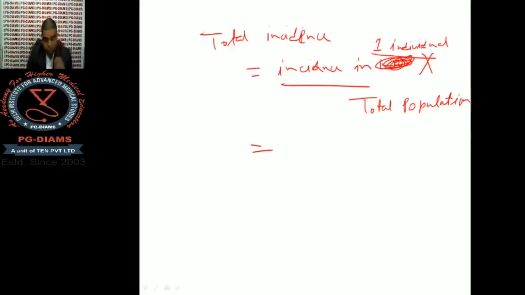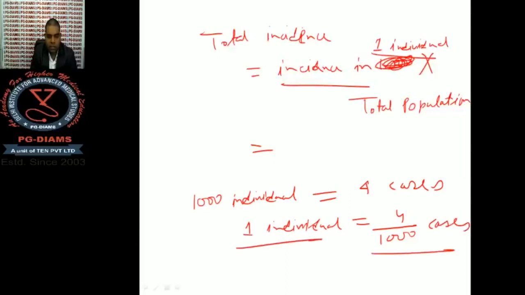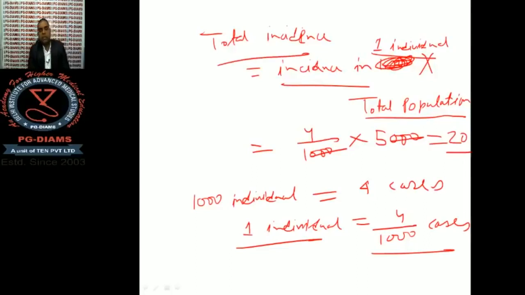There were 4 cases in 1000. So for 1000 individuals there will be 4 cases, or for one individual there will be 4 by 1000 cases. So incidence in one individual is 4 by 1000. When it is multiplied by the total population of 5000, we get the answer. 1000 will be cancelled and 4 into 5 will be 20. So total incidence will be 20.